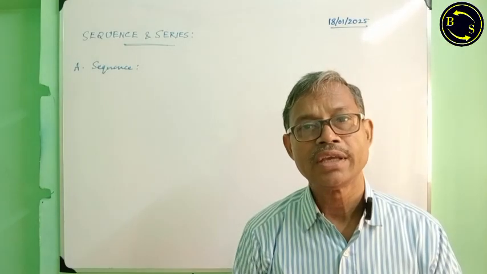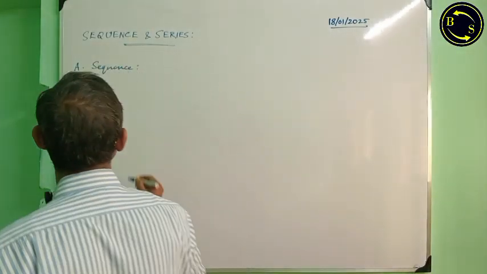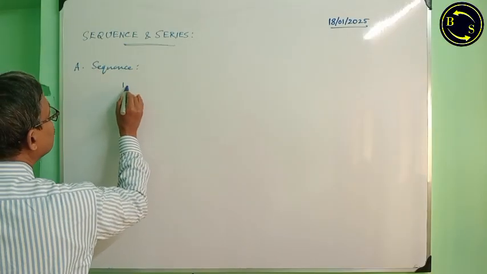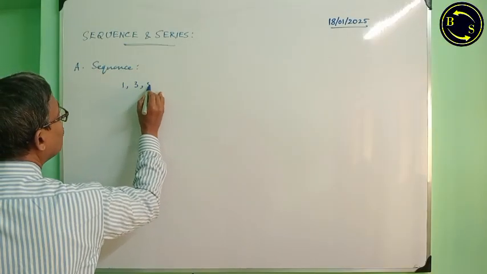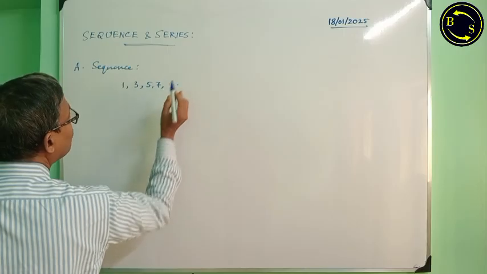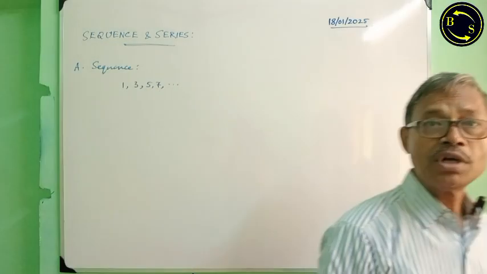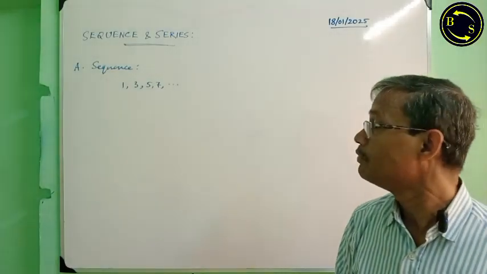I first take a simple example. Numbers 1, 3, 5, 7, dot, dot, dot.